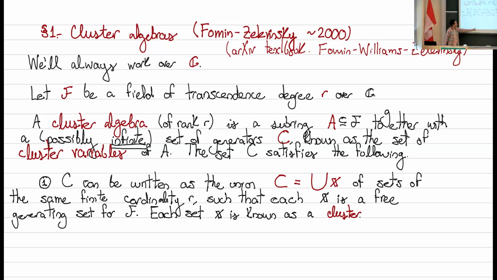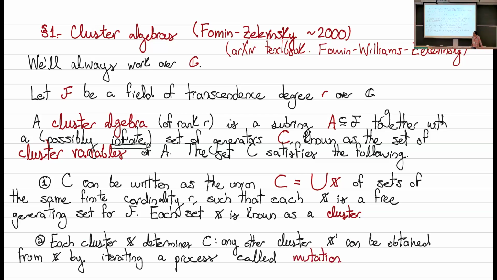Each one of these finite sets is known as a cluster. So a cluster algebra is something that you form out of clusters. Okay? Well, this is still too general. You can basically partition any set into a disjoint union of sets of cardinality r.